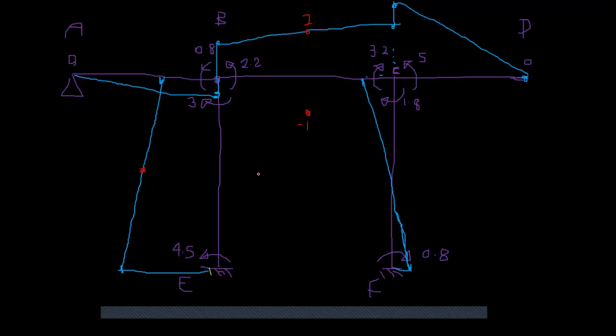So this is minus 0.48. That means it's on the other side, because this is going to be 3.8. If you subtract, it's going to be minus 0.48 for 2. Okay.